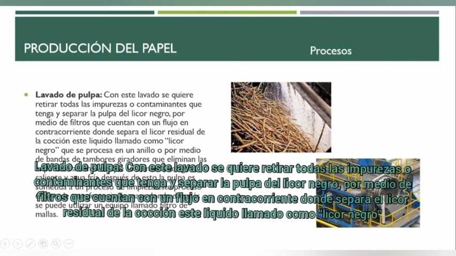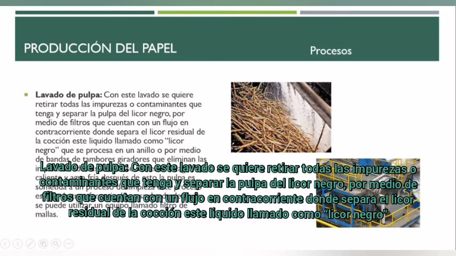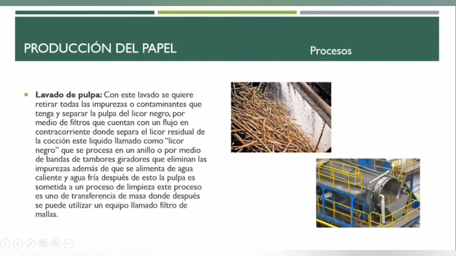The second important process is pulp washing. With this washing, the aim is to remove impurities or contaminants that it has and to separate the pulp from the black liquor by means of filters that have a counter-current flow, where the residual liquor of the cooking separates.